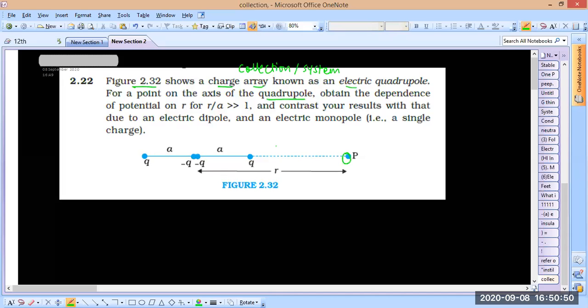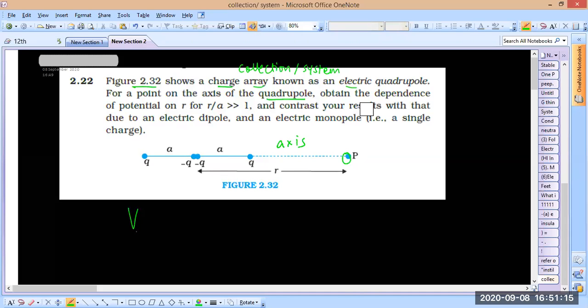I think I don't have to explain that this is called axis. Obtain the dependence. Dependence means relation of potential with R. So we have to derive the formula, to find what is V as a formula with R. That was the question.